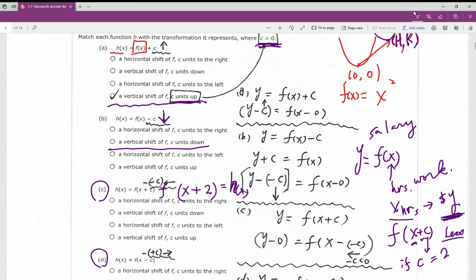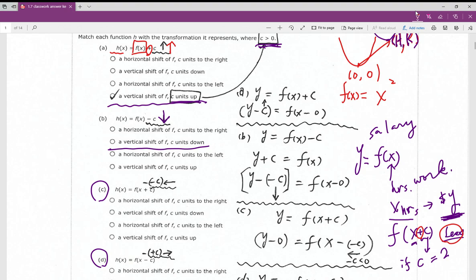So again, I want to emphasize one more time. When you have plus c, it means you work these hours. Let me erase those marks. Too many marks here. Not like question A and question B. In question A and question B, when you have plus c, you go up.